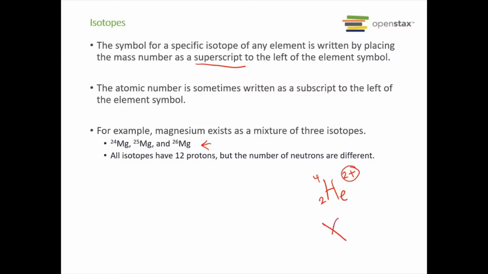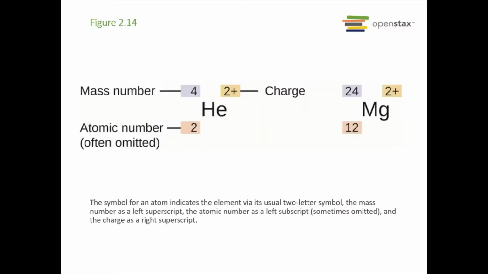Okay, so you have chemical symbol, charge, mass number, and atomic number. Oh, not, that's Z. Is your general structure.